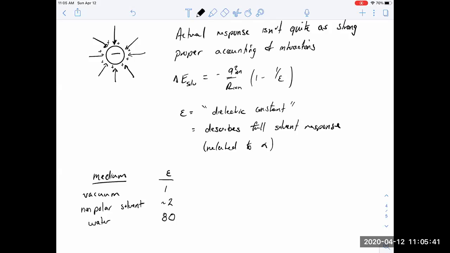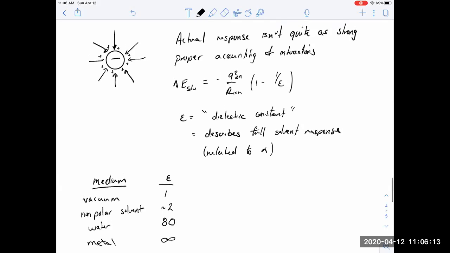So in fact, one could even argue that neglecting those interactions between dipoles in the case of something as polar as water is not a bad approximation. For something like a metal, in which all fields are screened, that dielectric constant is infinity. There are no electric fields in perfect conductors like metals.